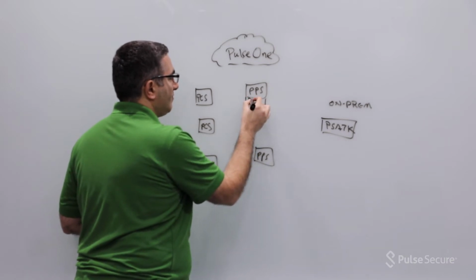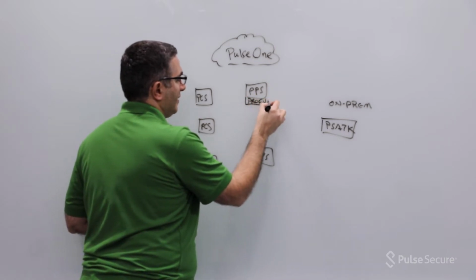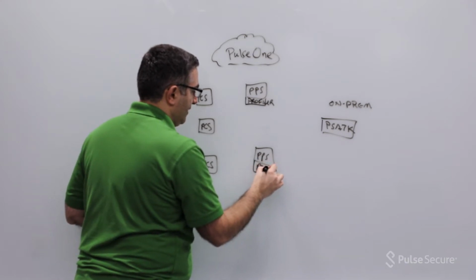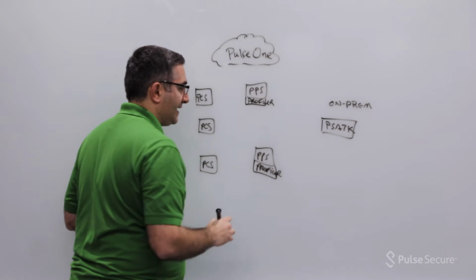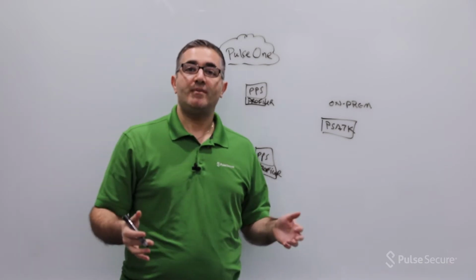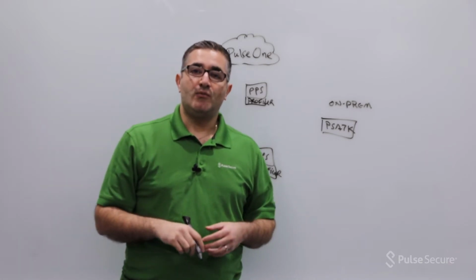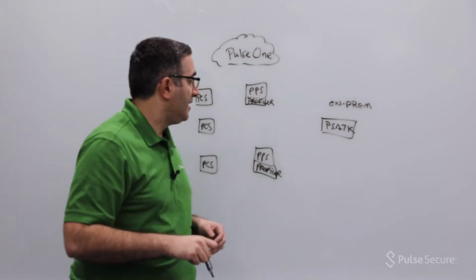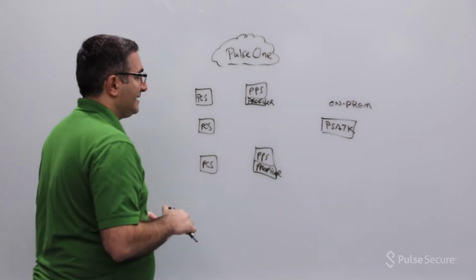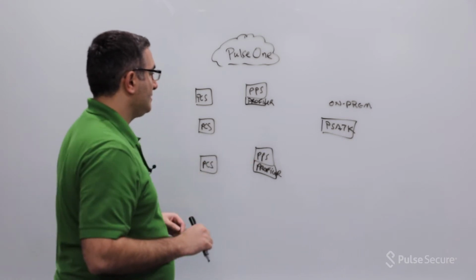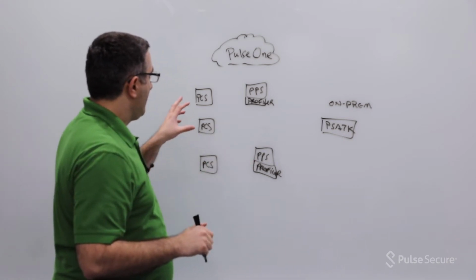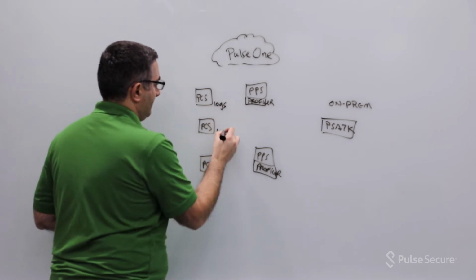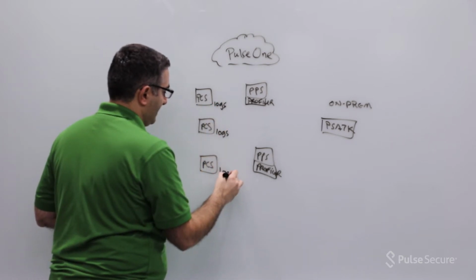And along with PPS, you're also using Profiler. Profiler will go out and discover many devices, whatever's connected to your network. If you want to learn more about Profiler, there's more quick access series videos that you can go find and watch. But what you'll see is with the on-prem solution, we have logs and other things on the devices.